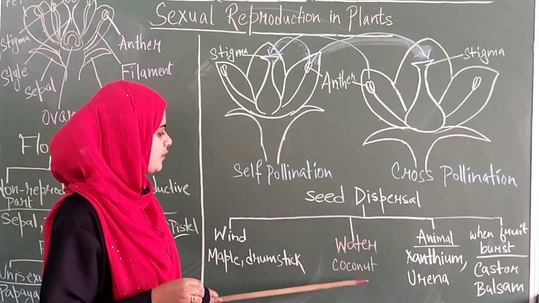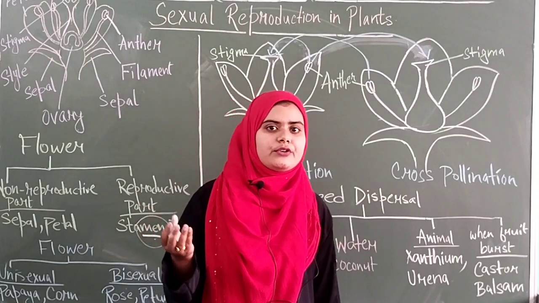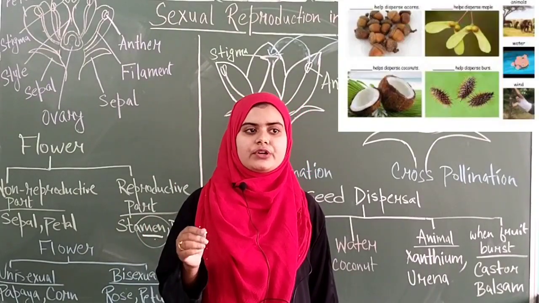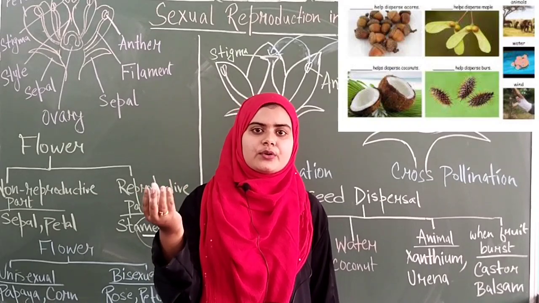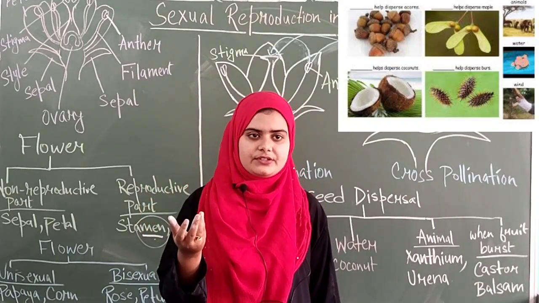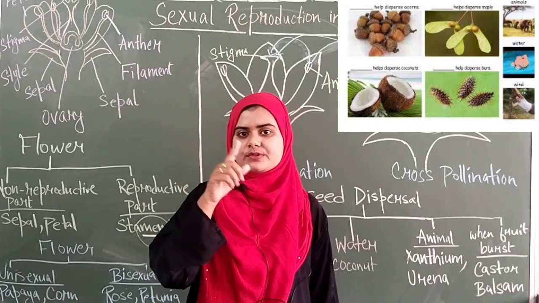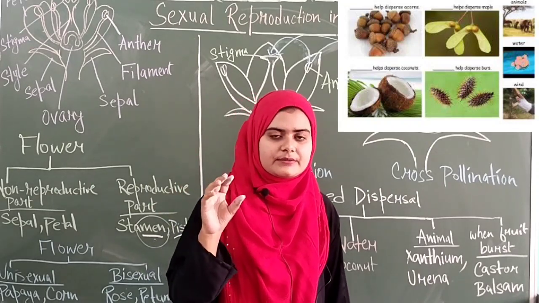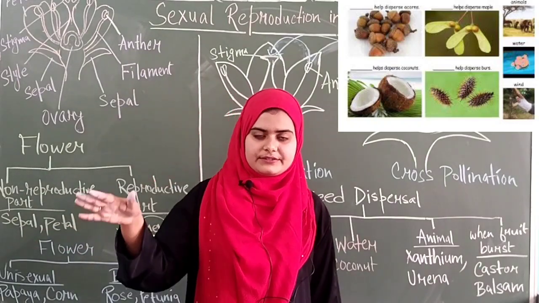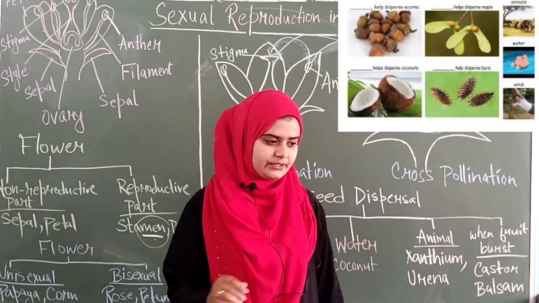The example is coconut. How will the seed of coconut disperse? It will be dispersed with the help of water. Coconut seeds develop a very spongy nature, and sometimes they develop an outer covering of mesh-like structure, so that they can be easily carried away by water.